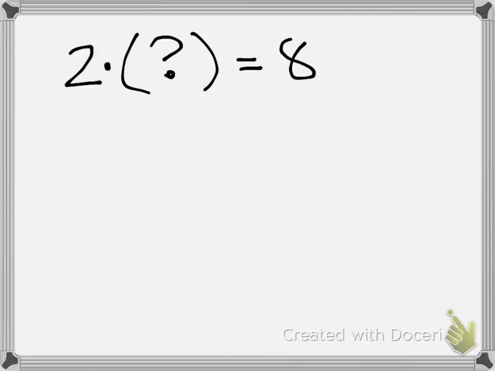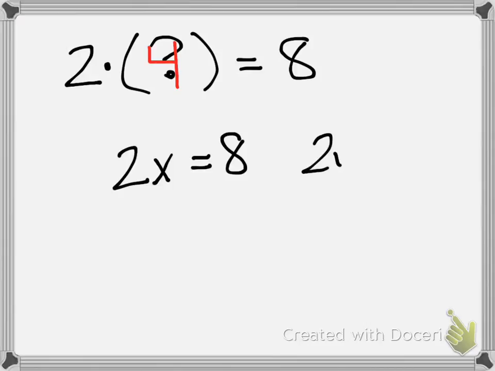So let's look at some very small ones. If we know that 2 times something equals 8, what does that something have to be? And if you said 4, you're absolutely right. The only thing that you can double and get 8 would be 4. Well, in algebra, we take that question mark or that something and we represent it with a variable.